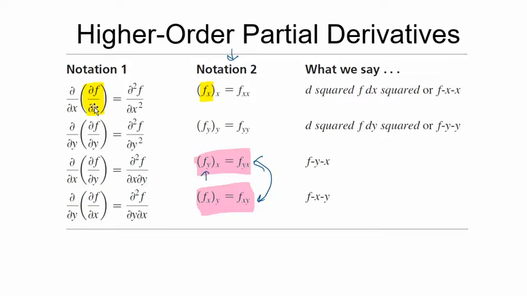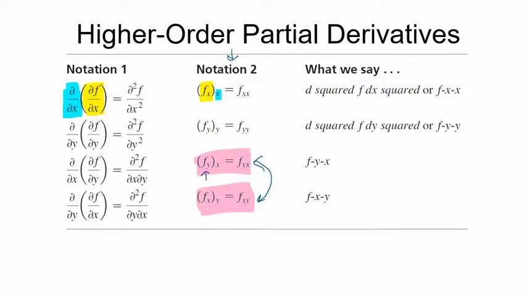Now I want to take that answer and take the partial with respect to x again. So that is this piece right here, which is shown in this other notation like that. Okay, and then we can simplify this notation to be d squared f over dx squared. Okay, and then all the rest of the versions here.